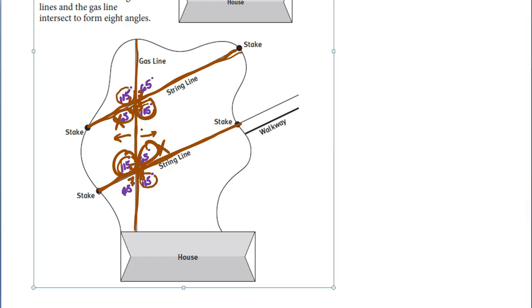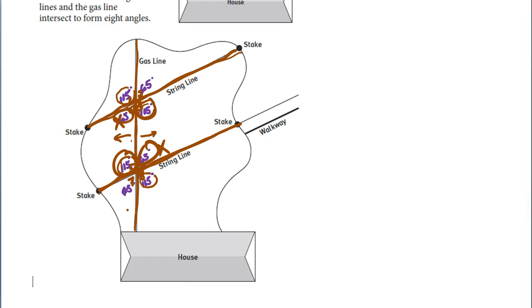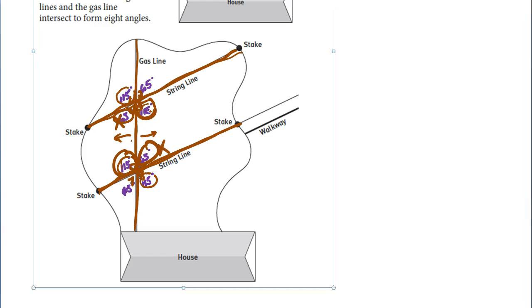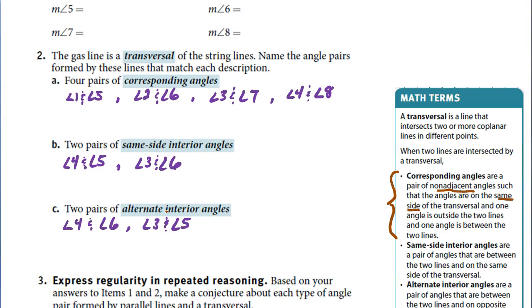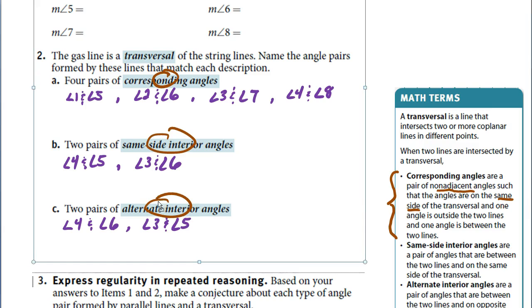These two are on alternate sides of that transversal. And the other pair is this one and this one. And so we have angle 4 and angle 6, and angle 3 and angle 5. So here's some new vocabulary words that have to do with parallel lines. Corresponding, same side interior, and alternate interior.